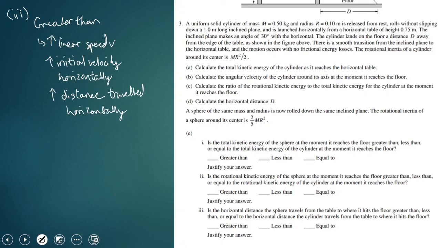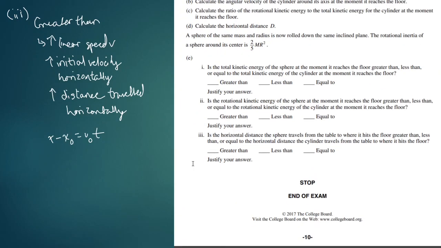We can basically see that with the kinematics equation, x minus x0 is equal to v naught t. If we increase our v naught, then the distance delta x, or x minus x0, is obviously going to increase. Okay, so that was part 3.